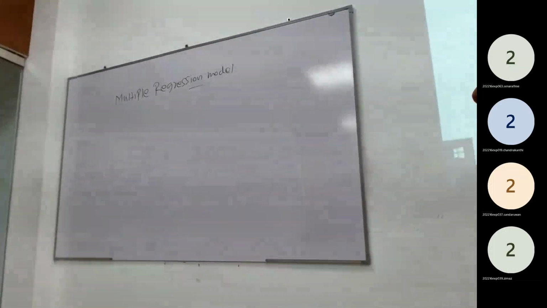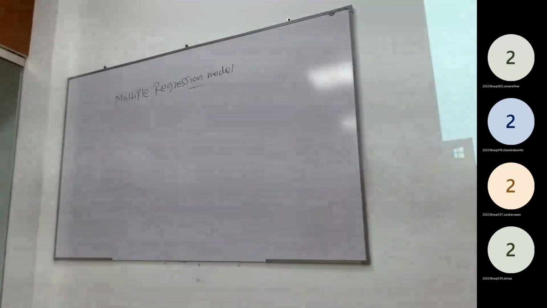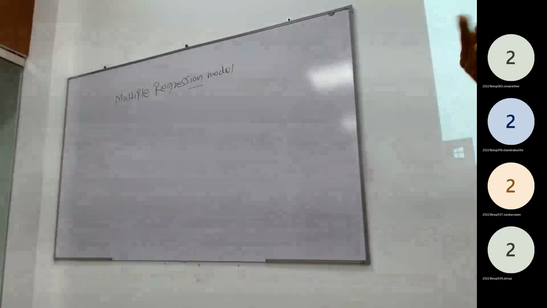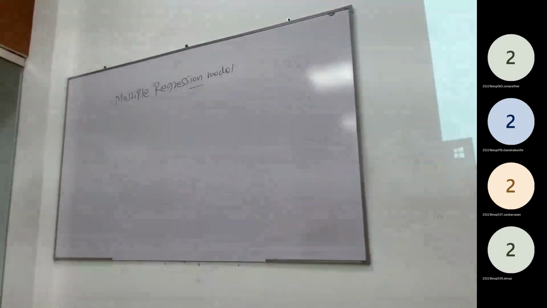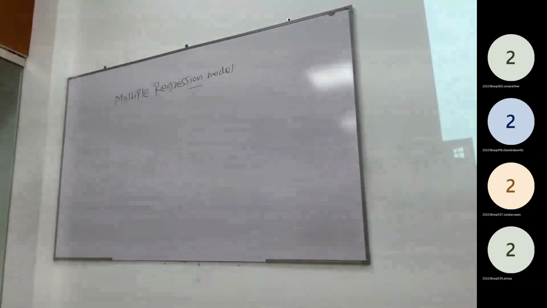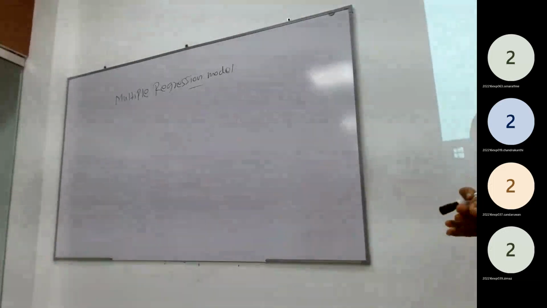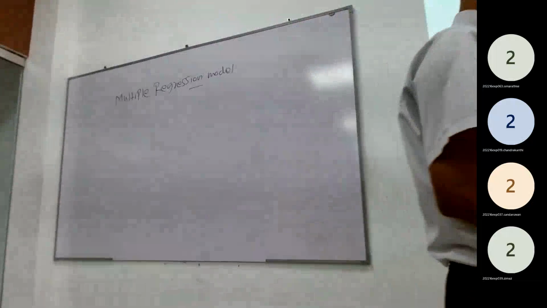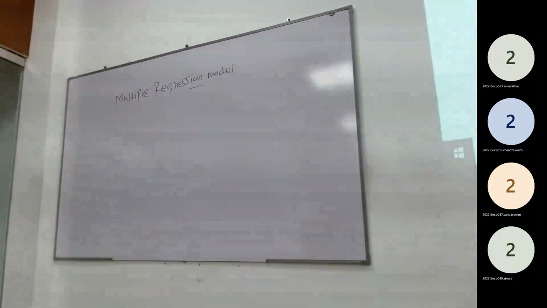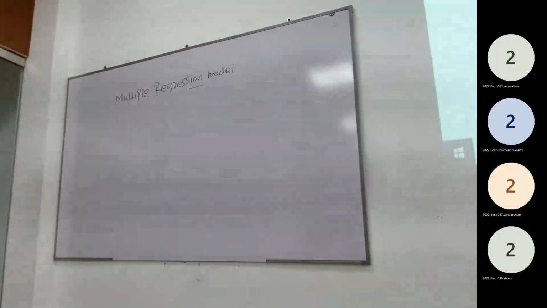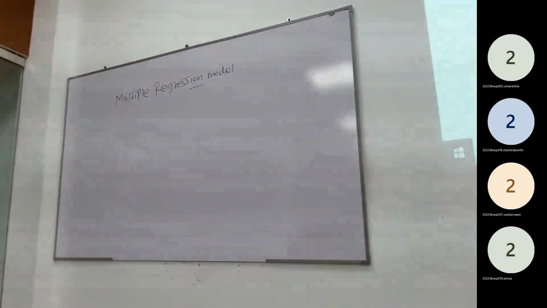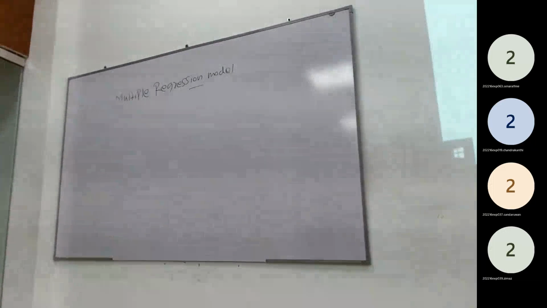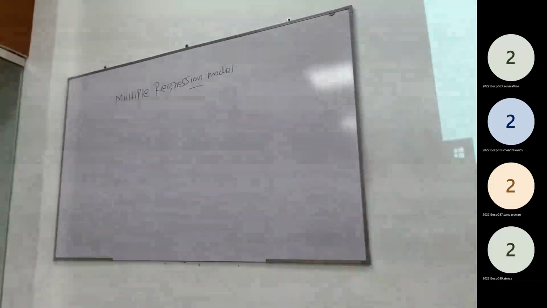Right. Multiple regression model means more than one independent variable. First, one dependent variable, and more than one independent variables. Now we write down the meaning.